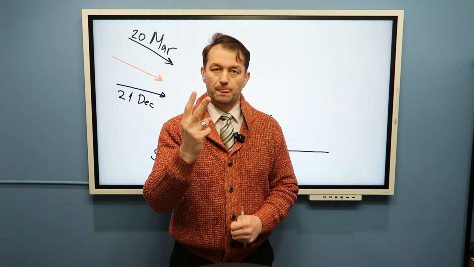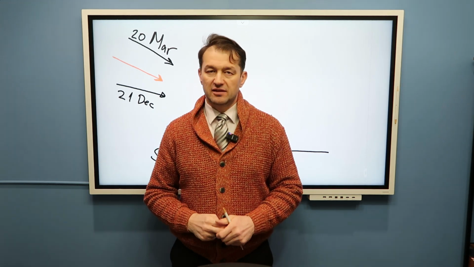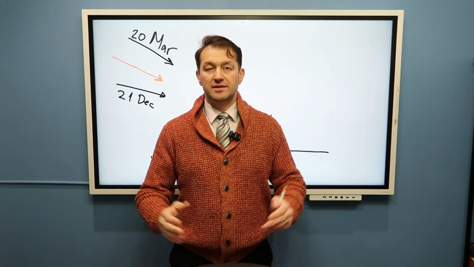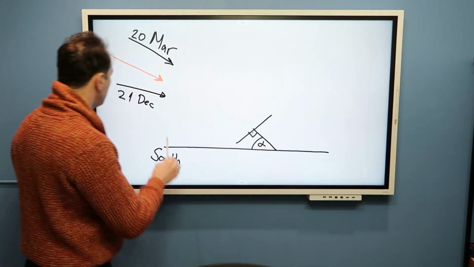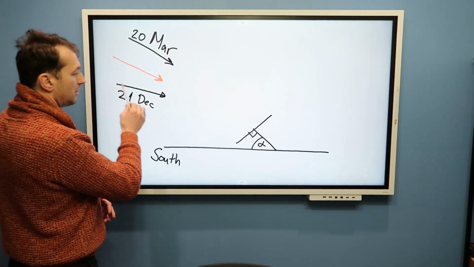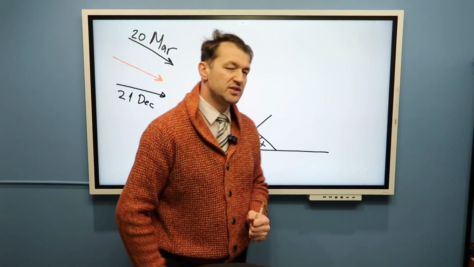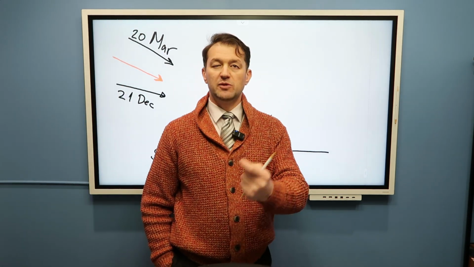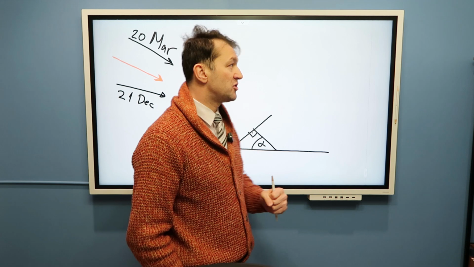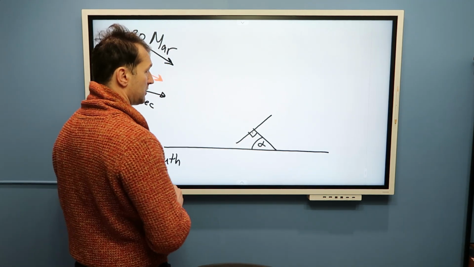Step number two: subtract that value from 90 degrees. The result is the angle of the sun above the horizon at the latitude where you want to install your solar panel. Let me demonstrate this because what I just said, I understand, can be confusing.